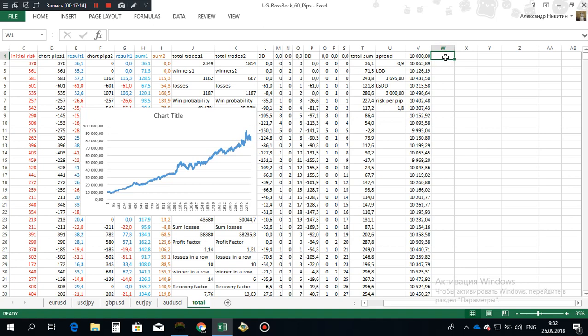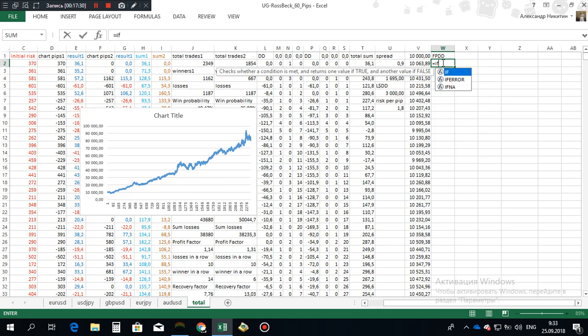It looks this way: fixed position drawdown. Okay, so the drawdown formula looks this way.